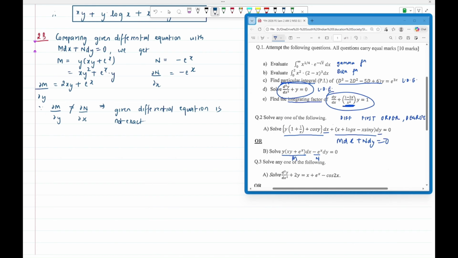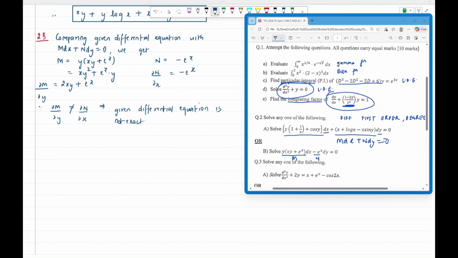Now since this is not exact, we will try and find out the integrating factor, and that is going to give us the solution. If you can recall, there are 4 types in which we can find the integrating factor and only one is applicable. So to choose that, it is going to be slightly trickier.